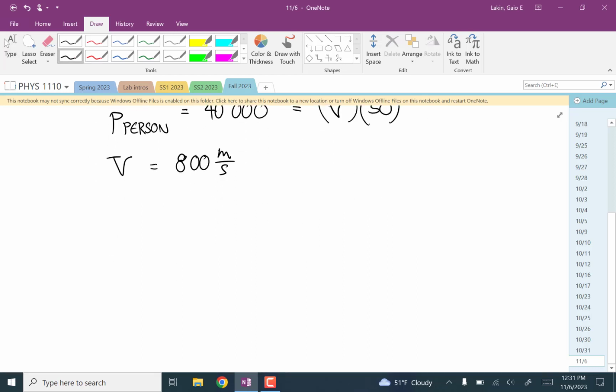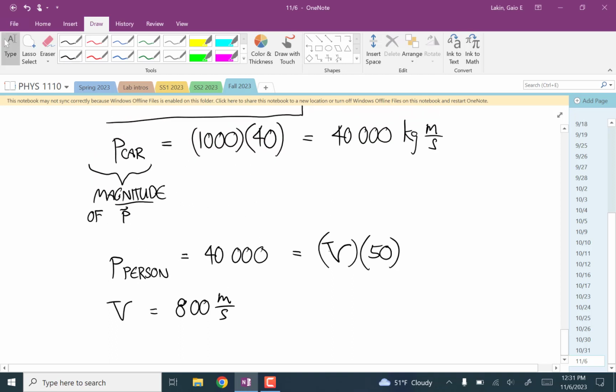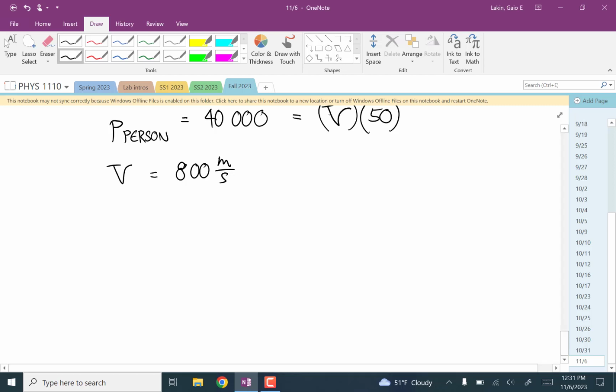Okay, so conservation of linear momentum. You can't apply this all the time, but here's what it says.